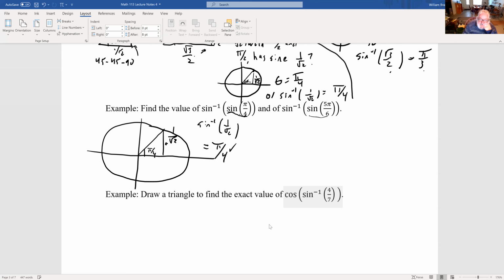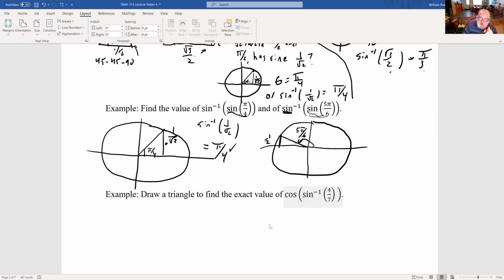What about this one? This is a little bit trickier because it's saying what angle has the same sine as sine of 5 pi over 6. Now 5 pi over 6 is over here on the left side of the circle. That's height 1/2. So what angle has this 1/2 as a sine?